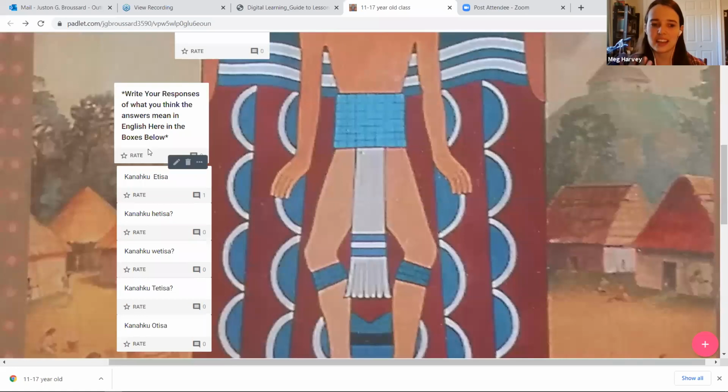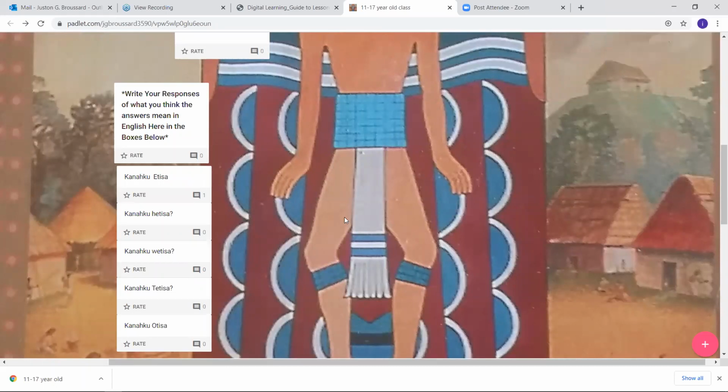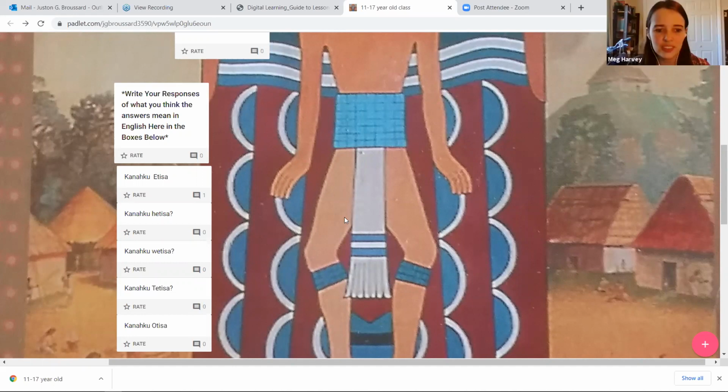So when Sydney asked Justin what his name was, she said Kanak Wetisa. But what did Justin say when he was asking Sydney what her name is? You can type it in the chat if you don't want to say it. You can find your chat bar at the bottom of the screen underneath the speech bubble. Kanako Otisa? Awesome.